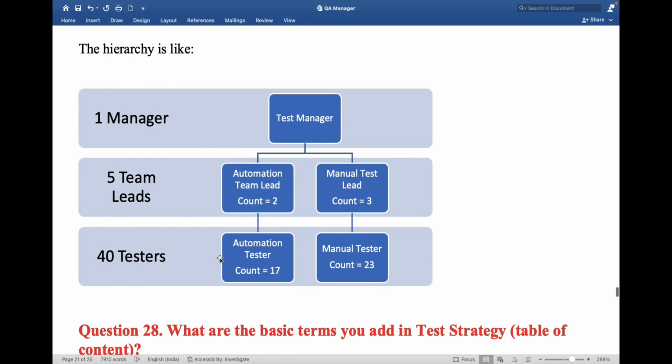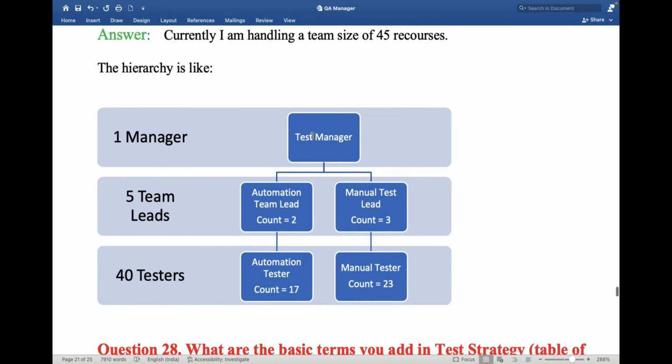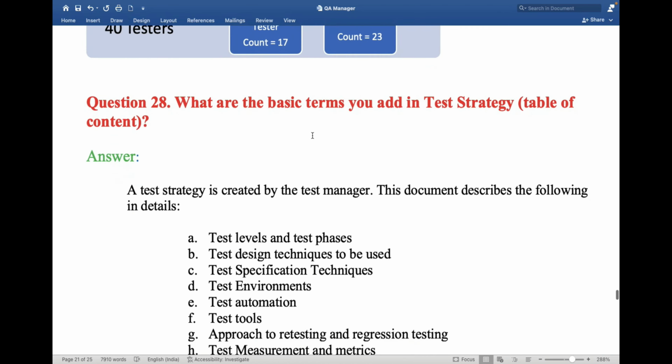And I also have the 40 testers, 17 automation testers and 23 manual testers. So you must have to explain the hierarchy structure according to your team size. So let's move to the next question.